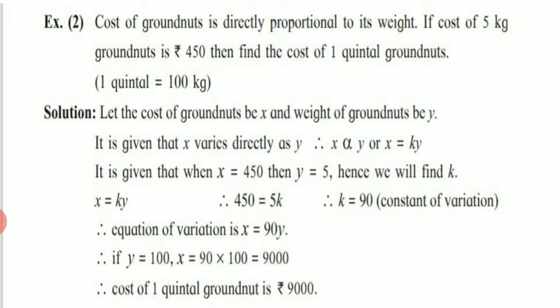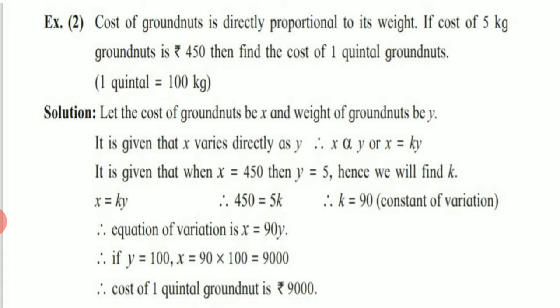Solution: let the cost of groundnuts be X and the weight of groundnuts be Y. It is given that X varies directly as Y. Therefore, symbolically we can write X alpha Y or X is equal to Ky, where K is the constant of variation. It is given that when X is equal to 450, then Y is equal to 5. Hence, we will find K. X is equal to Ky.